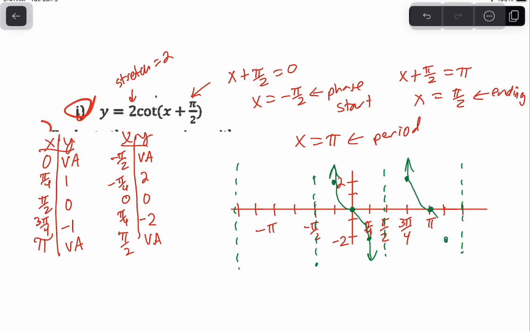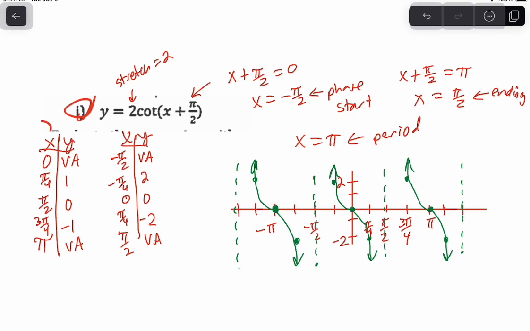Put in your cubic-like thing. Smack dab in the middle of your vertical asymptotes is always the center. This one goes up to and down to. There were no flips. That is just what a cotangent looks like. So that is our graphing.